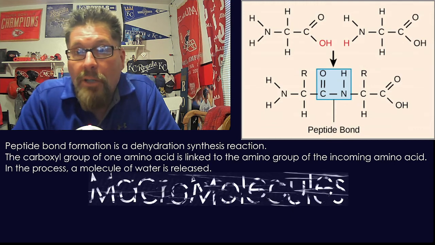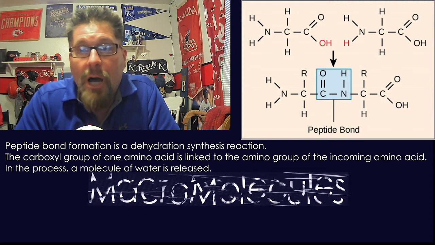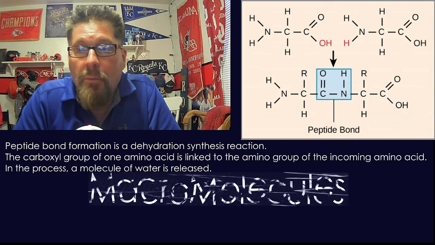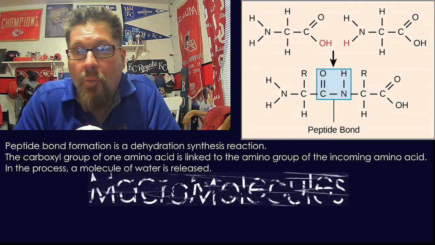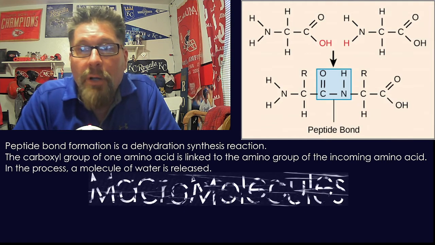Now, we mentioned this earlier, but a peptide bond, okay, we've got a reference point here, again, to dehydration synthesis, as you can see in the top part of the diagram beside me. The top part is the before, the bottom part is the after, and you can see in red the OH on one of the amino acids, but the other amino acid only has an H there.